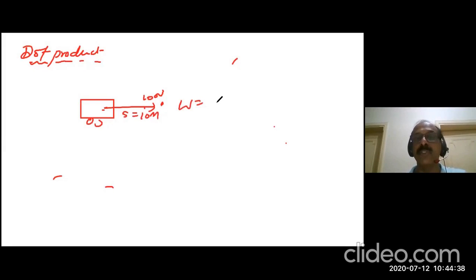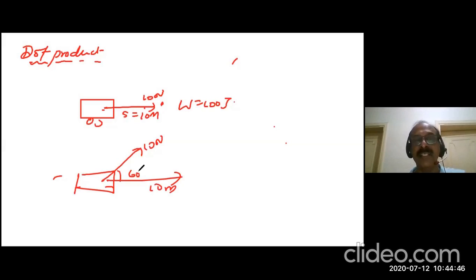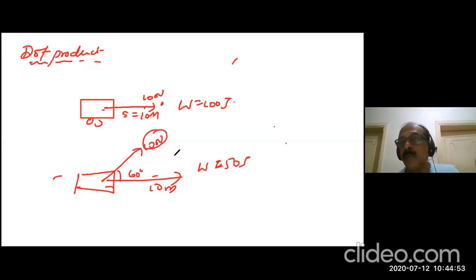Work is equal to 100 joule. But for the same object, if you are exerting 10 Newton and making 10 meter, but at an angle of 60 degree, work will be 50 joule. Then you may ask, force is same, displacement is same, then what makes the difference? Kinetic energy will be different and velocity will be different.